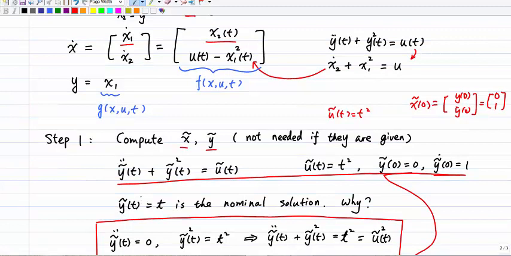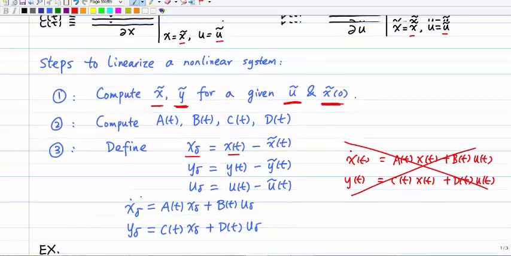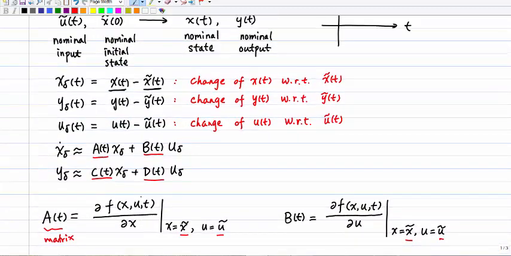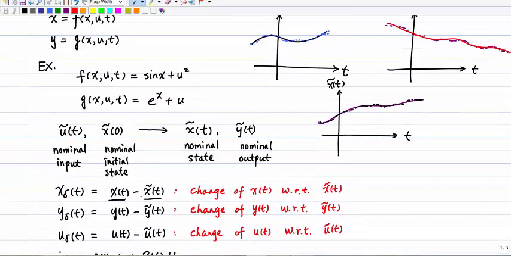For this one you cannot do linearization. You just need to use the original nonlinear system and figure out what y tilde(t) and x tilde are. Let's figure out the nominal solution, assuming that y tilde double dot(t) plus y tilde squared is u tilde. That's nominal, because if you compute this x tilde, y tilde, and u tilde, my solution should satisfy my original differential equation.